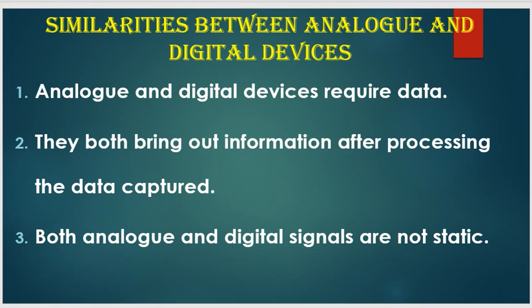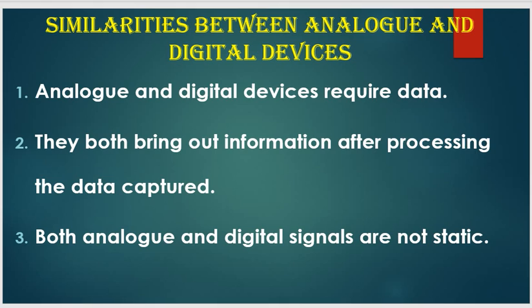Then the next one, both analog and digital signals are not static. When you say they are not static, it means that they can be changed from one form to another. An example, if you talk through a microphone, the microphone will capture the sound coming from your mouth, which will come in the form of analog waves or signals.